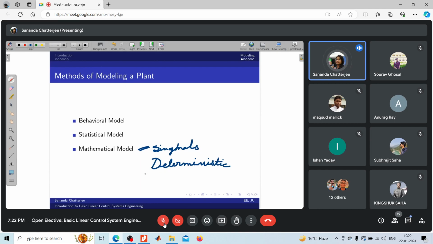Okay, and the rest of the discussion in this class we will be doing on this mathematical model of a system.